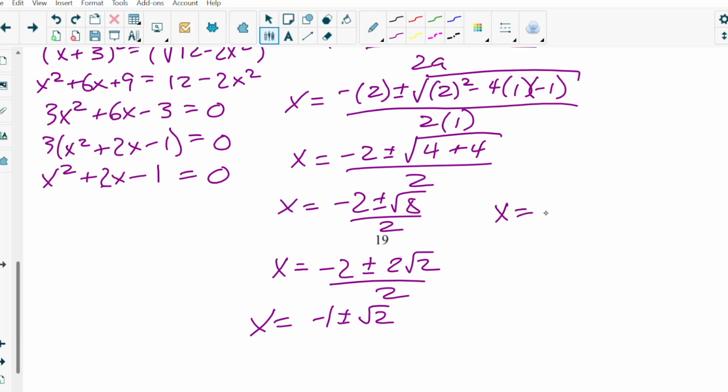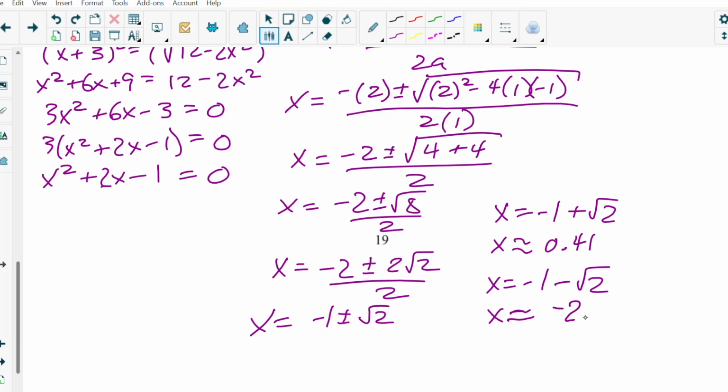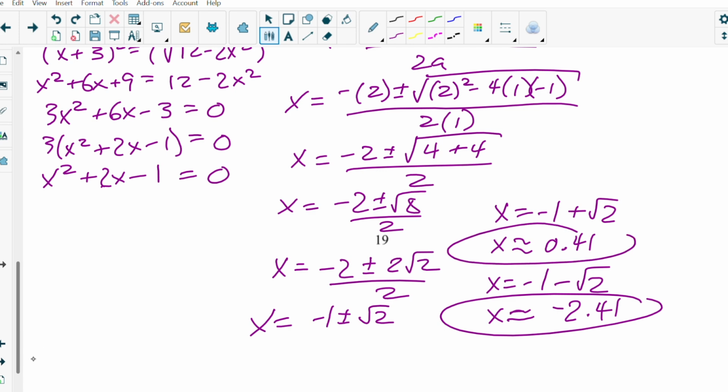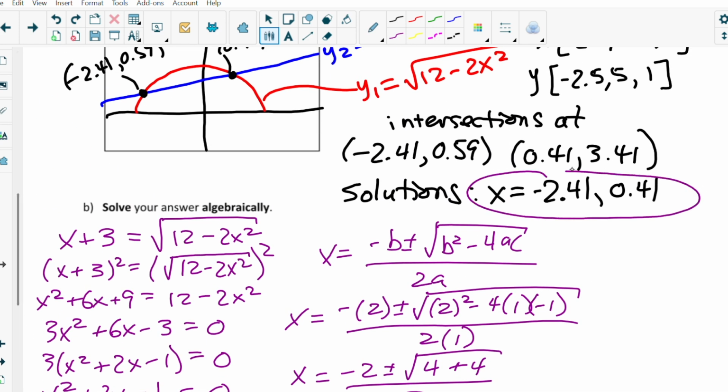So x equals negative 1 plus square root of 2, that's roughly 0.41. X equals negative 1 minus square root of 2. That is roughly, rounded to the nearest hundredth, negative 2.41. So does that make sense? Sure does. All right. Algebraically, graphically.